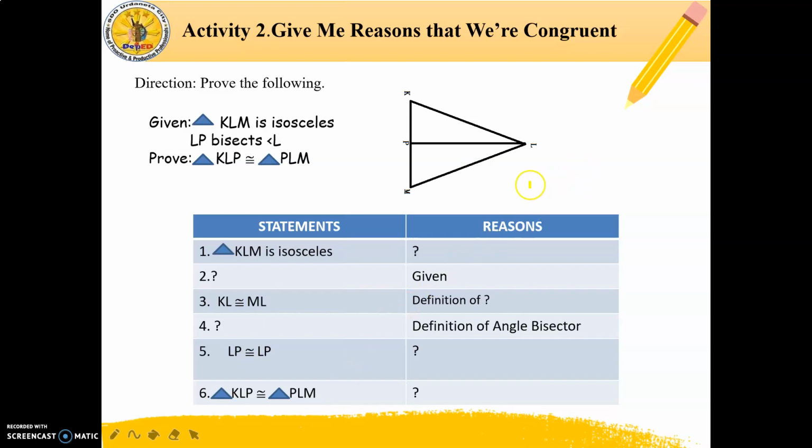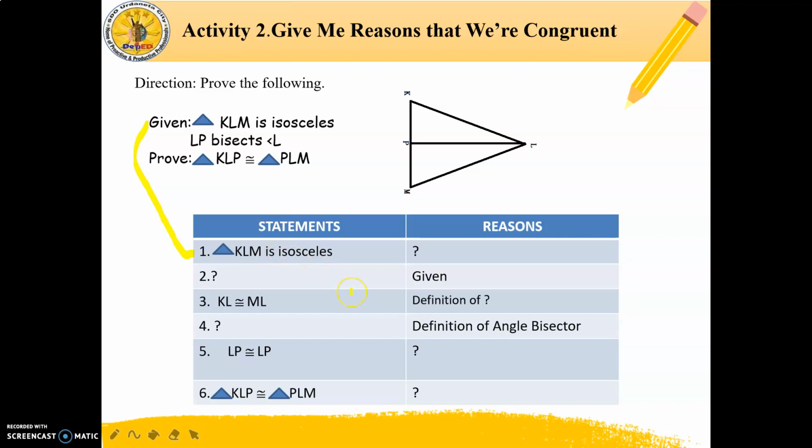Now let's have number 2. Based from the figure, it was given that triangle KLM is isosceles, and LP, this side, bisects angle L, this angle. We have to prove that triangle KLP is congruent to triangle PLM. So again, the first row starts with the given information.